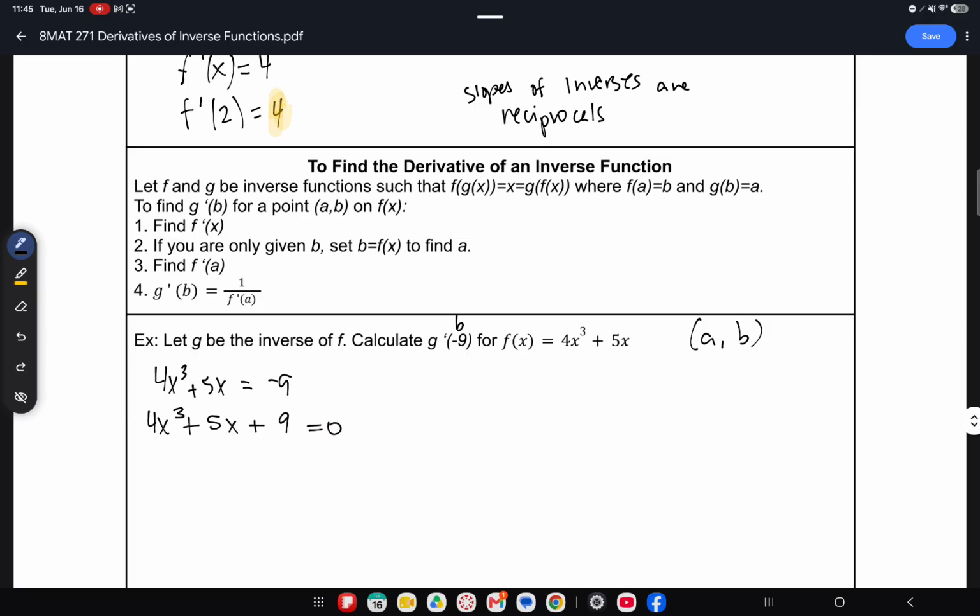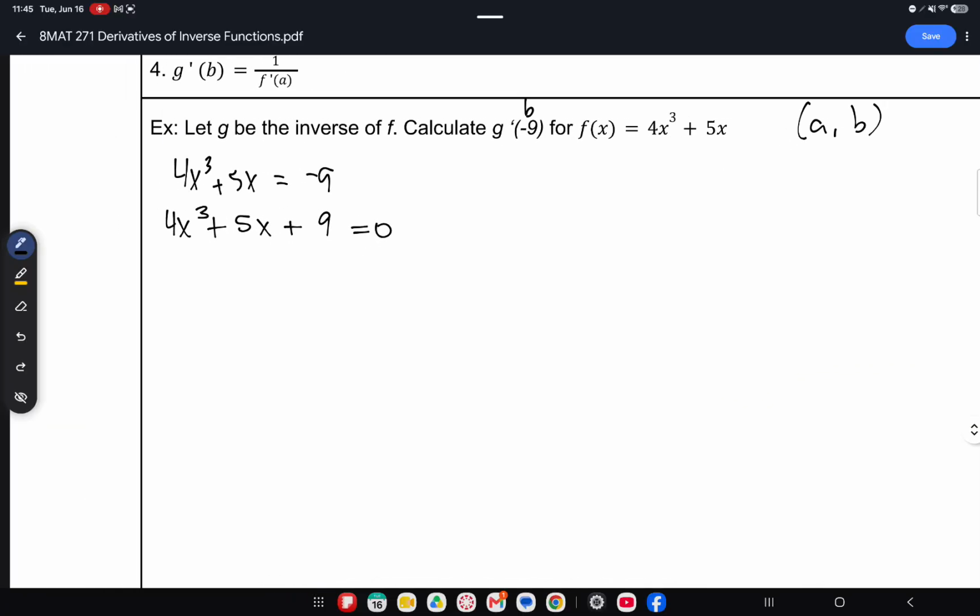All right, let's try and find some zeros. We can use our pre-calc knowledge and do our p over q, right? P is 9, so my factors are plus or minus 1, 3, and 9. And then q is 4, so my values are 1, 2, and 4.